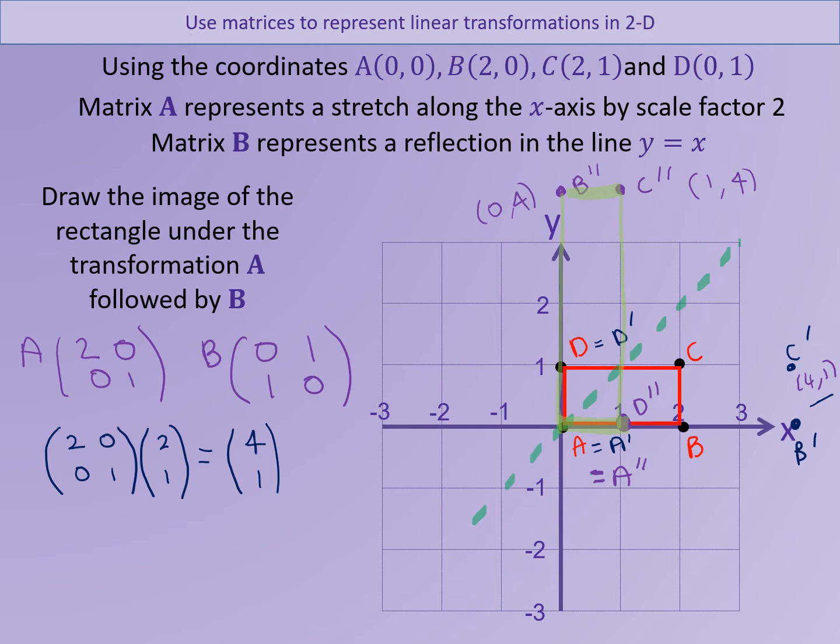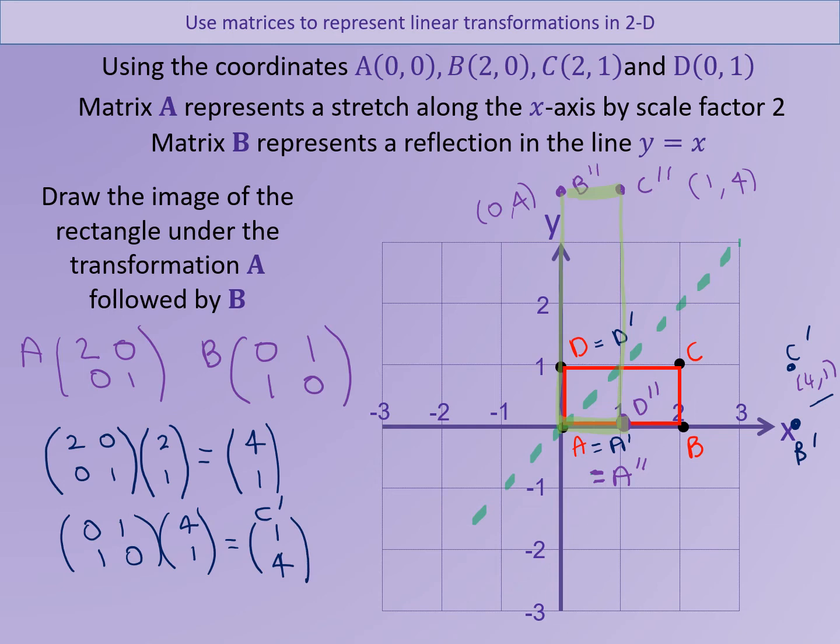So from here, this coordinate represents C prime, and we would then have to apply the matrix B to this coordinate (4, 1). So we would then apply [0, 1; 1, 0] to C prime (4, 1), which would give us (1, 4).